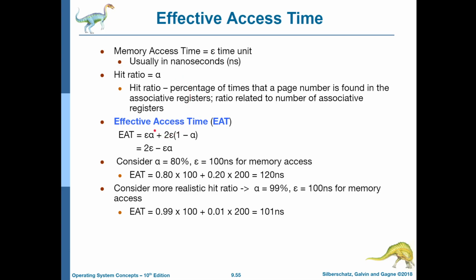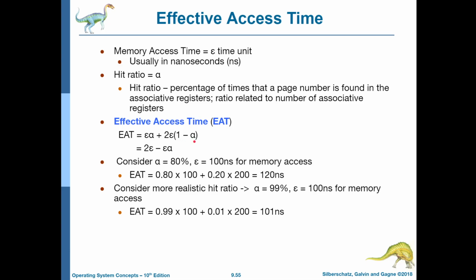So the effective access time is calculated by taking the hit ratio times the memory access. It will just require one memory access if we have a hit. That's the memory access of loading the data from memory. If the inverse is true, we have the miss ratio, found by subtracting our hit ratio from 1.